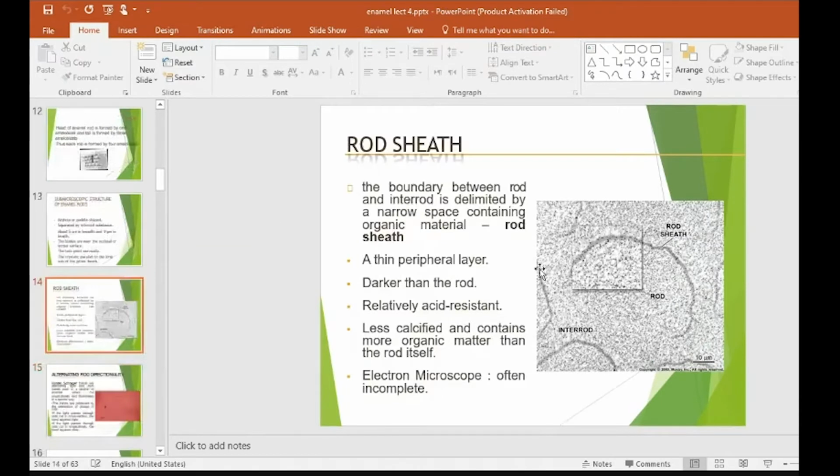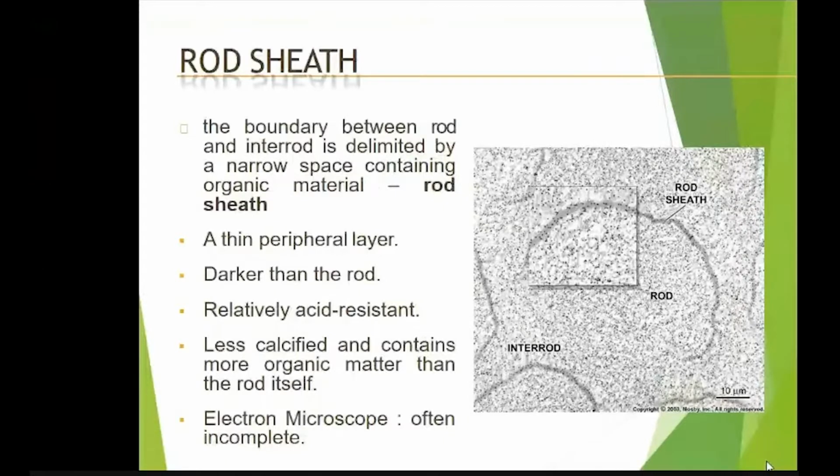Rod sheath. The boundary between rod and interrod is delimited by a narrow space containing organic material, the rod sheath. This is the rod, we can see this is the rod, and the boundary, this area, we call it rod sheath. Look students, anything that appears in the enamel when we section it and examine it histologically, that means it is made of organic material, more than inorganic.